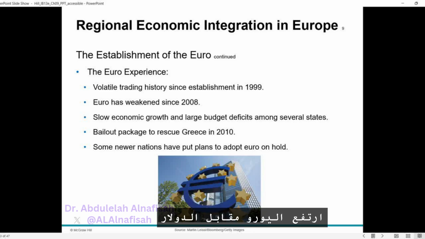The euro appreciated against the dollar from 2005 to early 2008, but has since weakened due to economic concerns in EU member states like Greece, Portugal, and Spain. The stronger euro, while a point of pride for Europeans, poses challenges for Eurozone exporters trying to sell goods abroad.